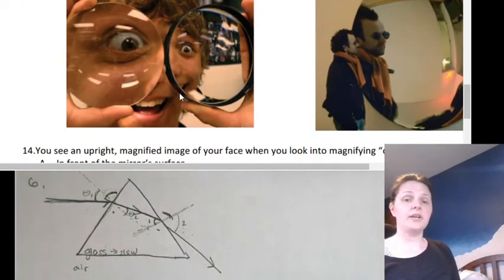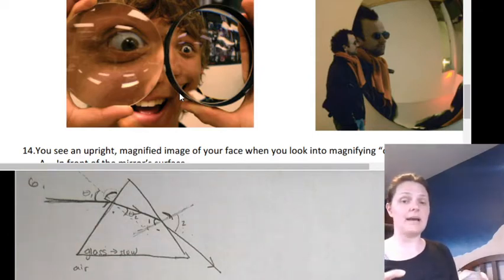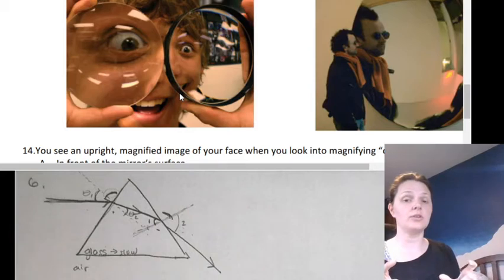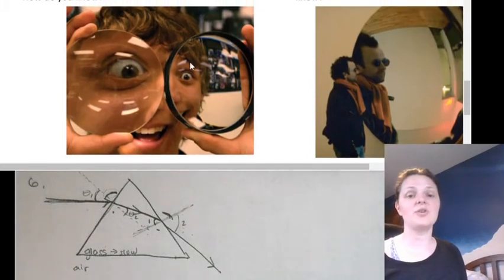If you're in my lab, you have converging and diverging lenses in your lab kits, and I highly encourage you to pull them out and get used to looking at them and what they look like, because that is a frequent question on a test that I put up there: I show you a picture and ask you what kind of a lens it is. So this one over here on the left is converging. This one over here on the right is diverging.